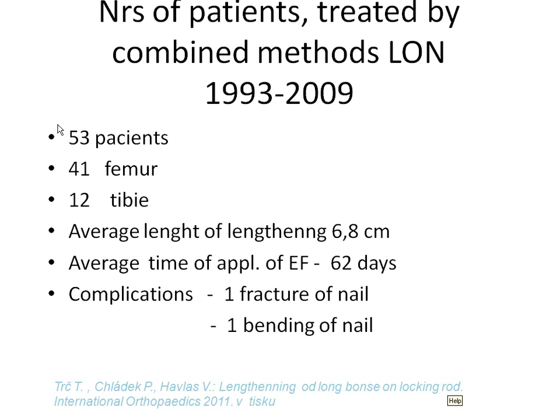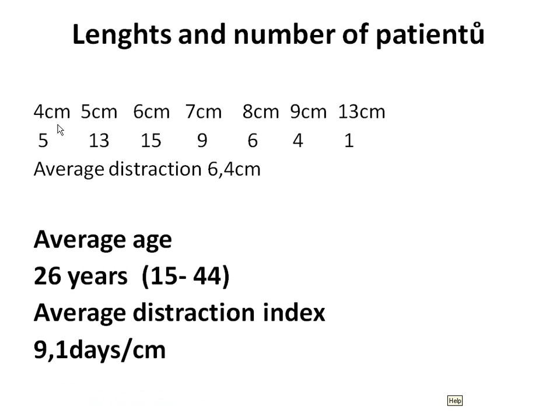One was a fracture of the nail, and one was bending of the nail, where the patient had a car accident. The lengthening was mainly 6 to 7 centimeters, but we also lengthened one patient 13 centimeters. The average distraction was 6.4 centimeters, as I have mentioned already.